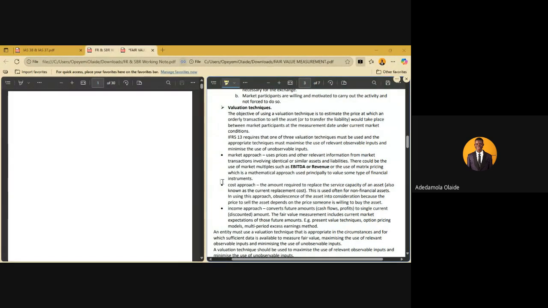The income approach is where we look at the future benefit we are expecting to generate from the use of this asset, and we discount it back to today's terms to determine the fair value of the asset.